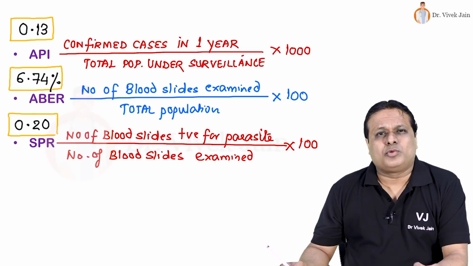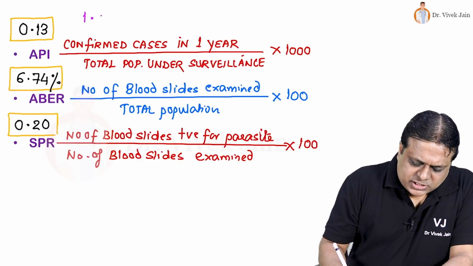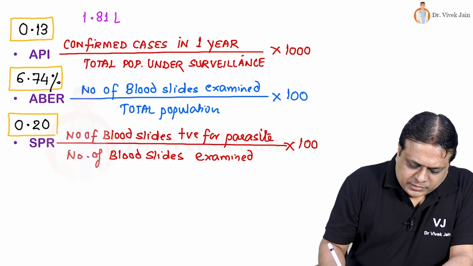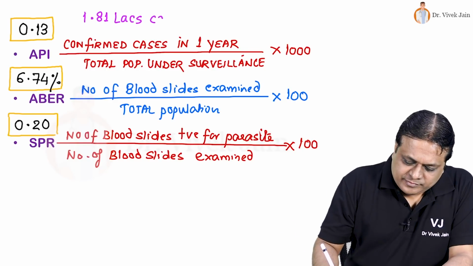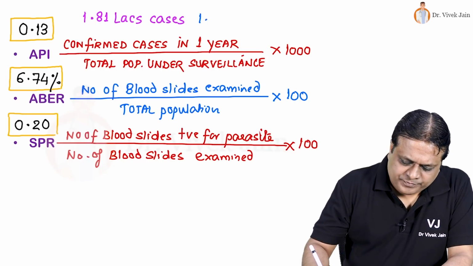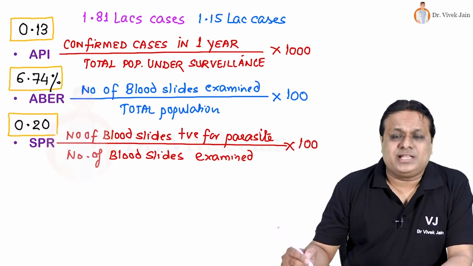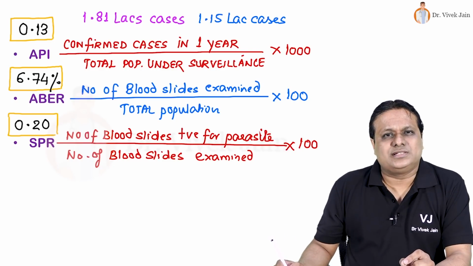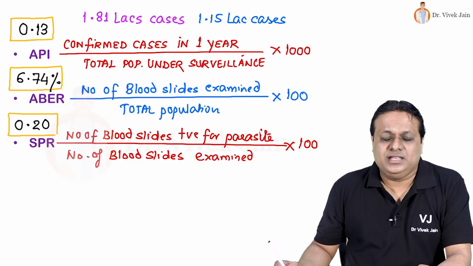Please remember, for malaria situation in our country, total number of malaria cases reported last year were 1.81 lakh, out of which falciparum was 1.15 lakh cases. That is around 64% of total cases, whereas total mortality was only 63 cases in the country.